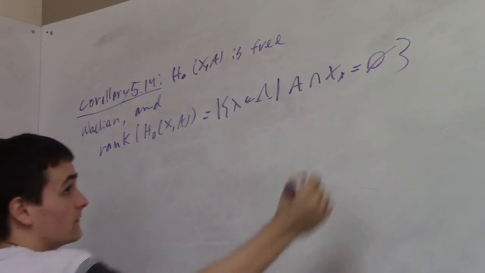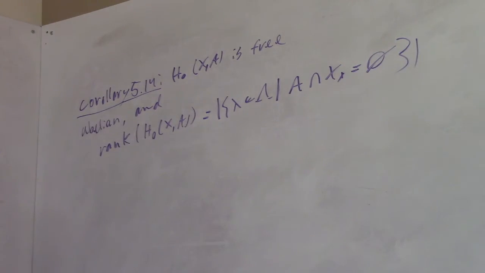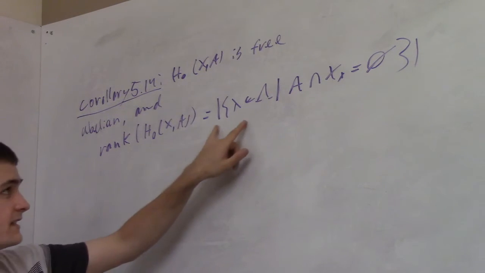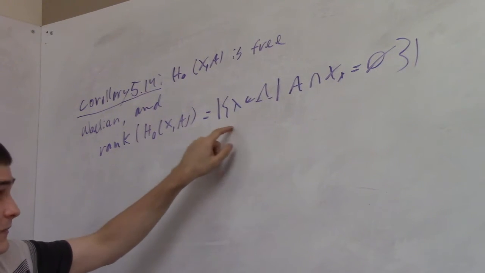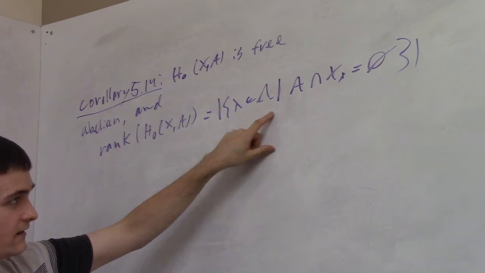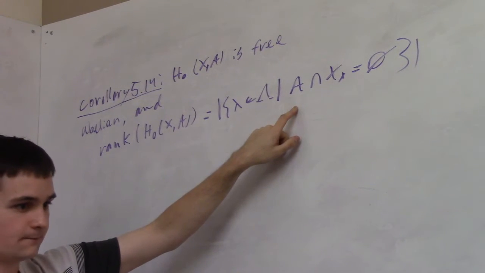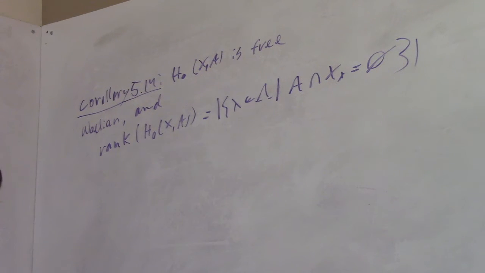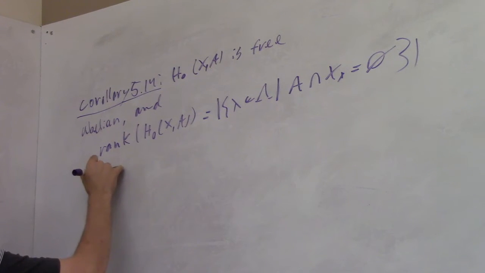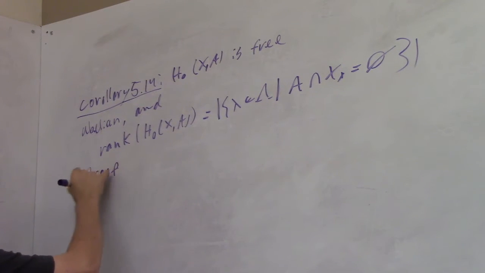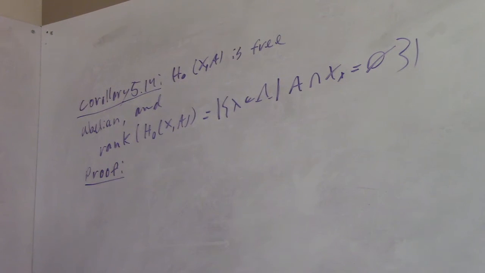Essentially this is the number of path components that are disjoint from A. So that's kind of intuitive since in the usual case it's just straight up the number of path components.